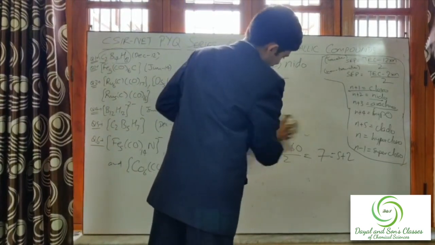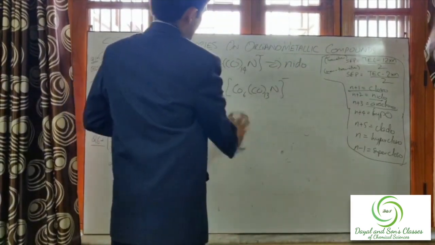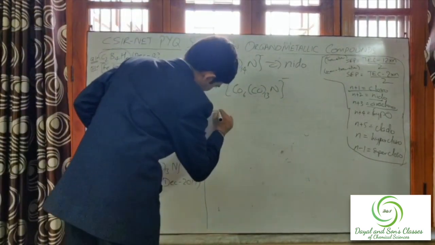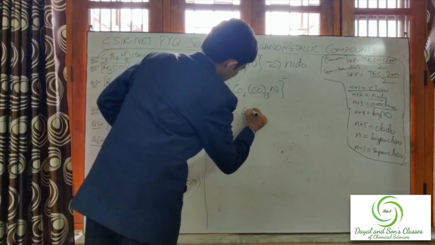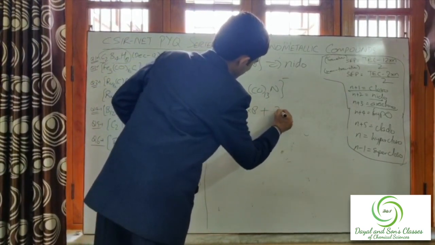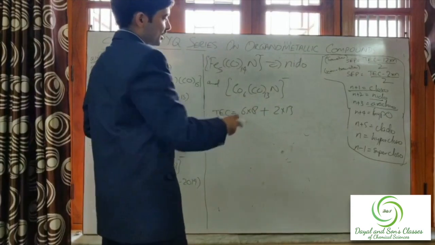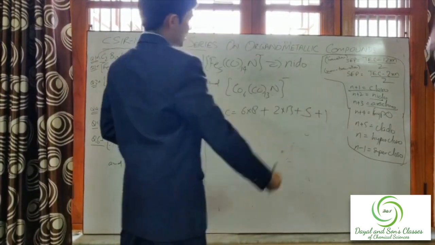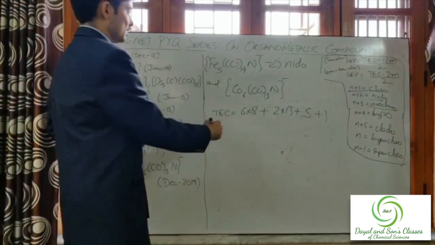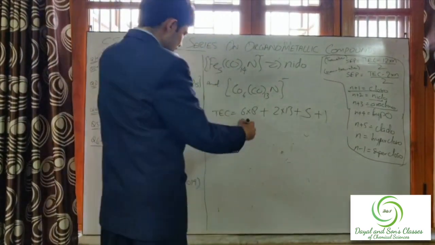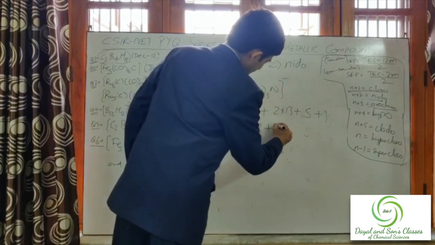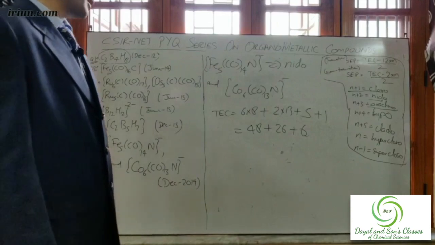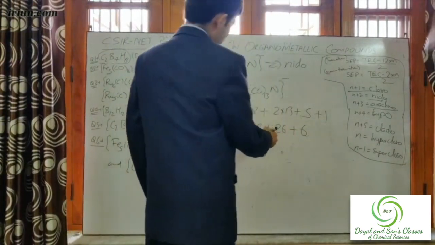Now let's calculate for the second one. For Co6N(CO)13, again: 6 into 8 plus 2 into 13, 2 electrons per carbonyl, 13 carbonyls, 2 into 13, plus 5 and negative charge plus 1 is equal to 48 plus 26 plus 6, 32.